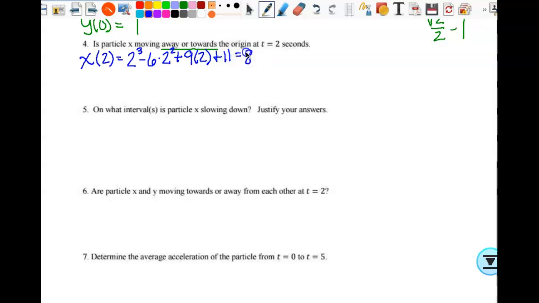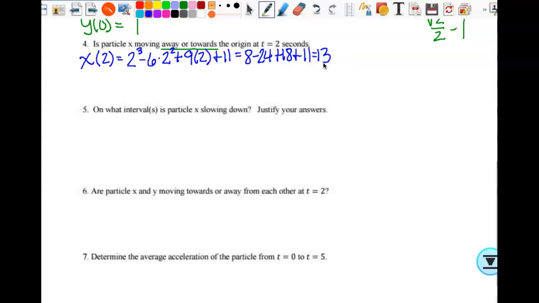So it looks like 8 minus 24 plus 18 plus 11. Yes, negative 16, 13. I agree with 13. Y'all agree with 13? Yes, okay.